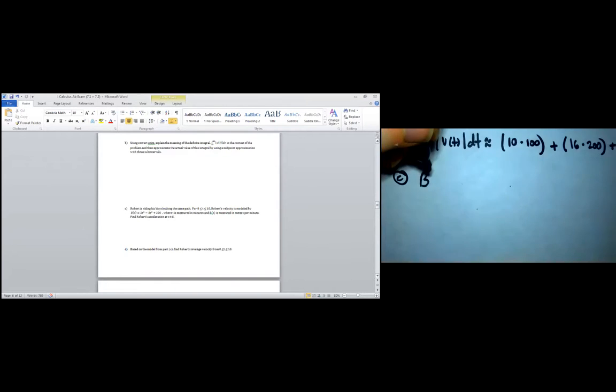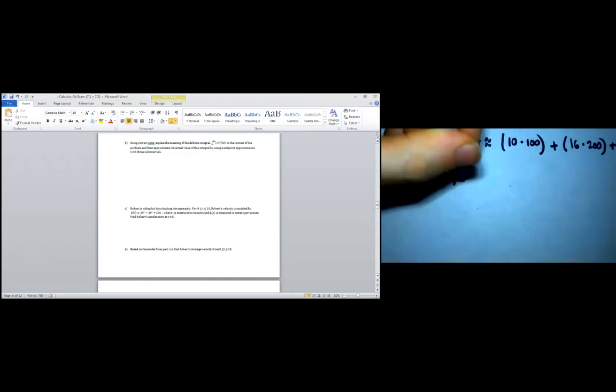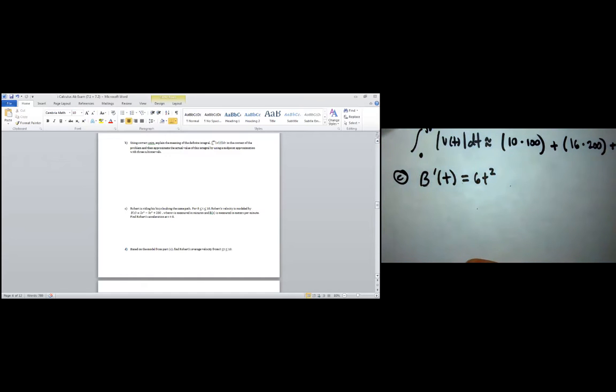So we're going to say that Robert's velocity is given by b of t. So b prime of t is equal to 6t squared minus 6t.